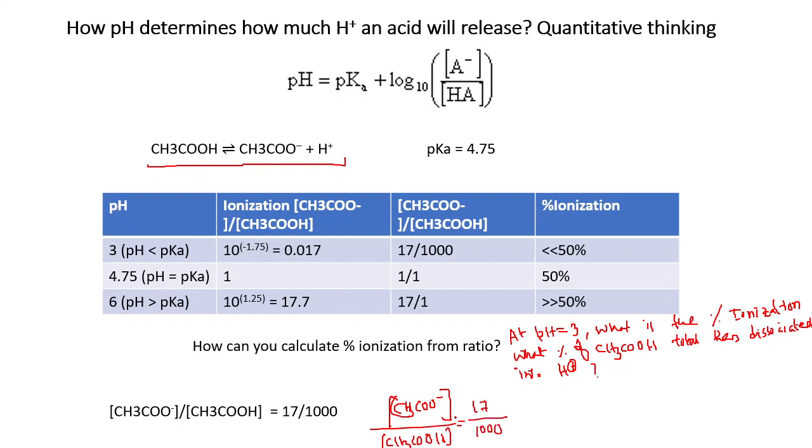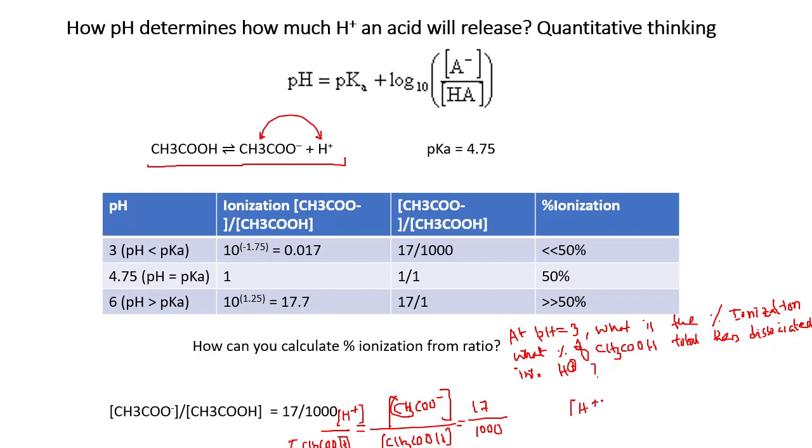Because CH3COO minus, in this case at least, is the same amount as H plus, I'll just rewrite this as H plus by acetic acid concentration equals 17 by 1000, meaning for every 1000 molecules there are 17 of H plus. So how can I calculate the ionization ratio?